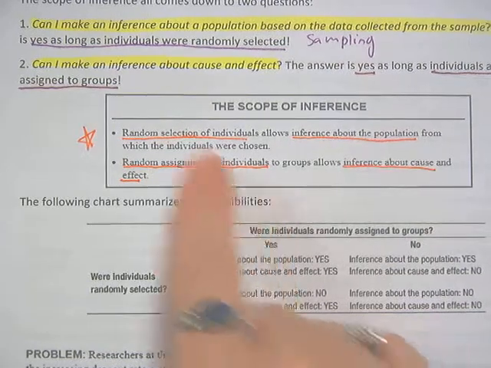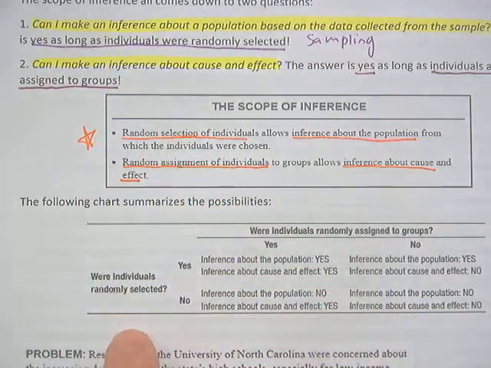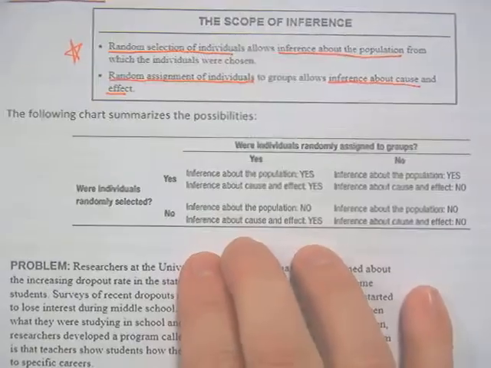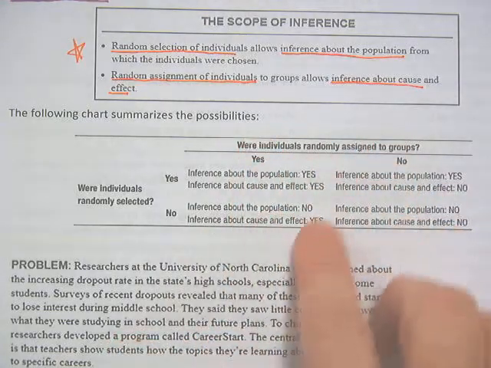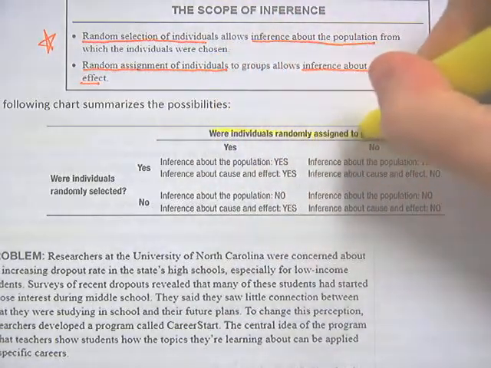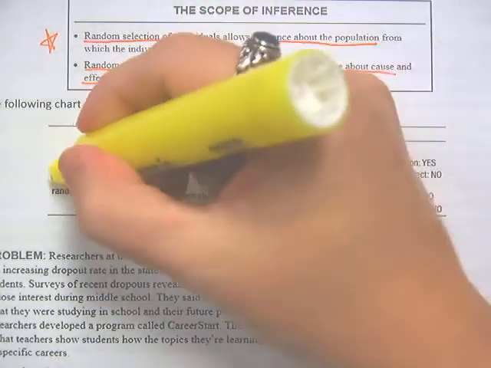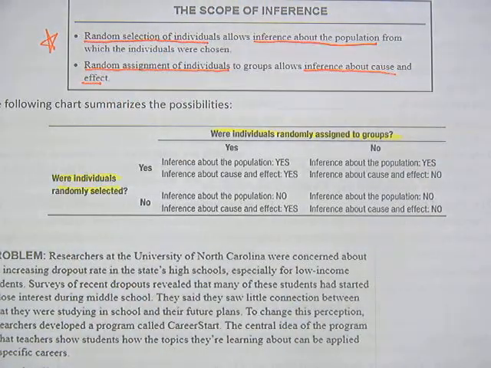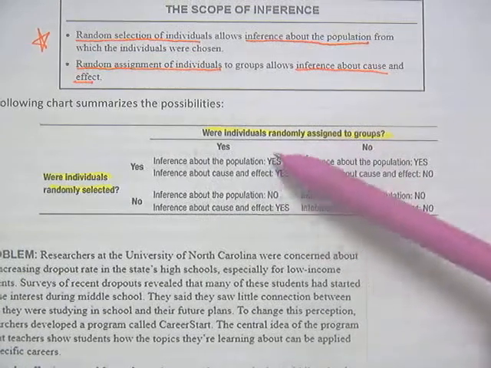That says the same thing that numbers 1 and 2 say up there. This little table is my favorite because, as long as you're comfortable reading what's going on, this sums it all up in a nice little table form. Were individuals randomly assigned? Were they randomly selected? You answer that yes or no, and it takes you to the inference.